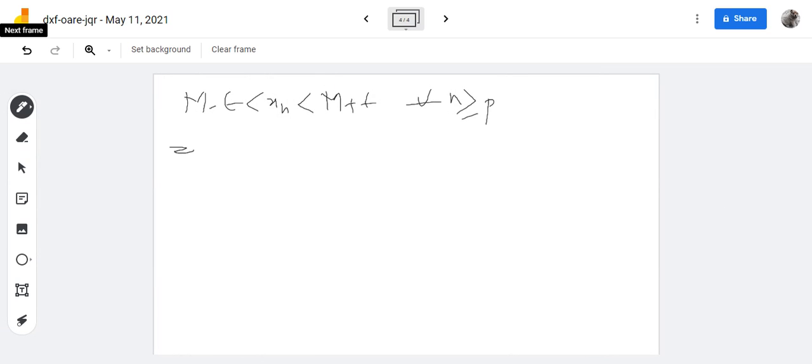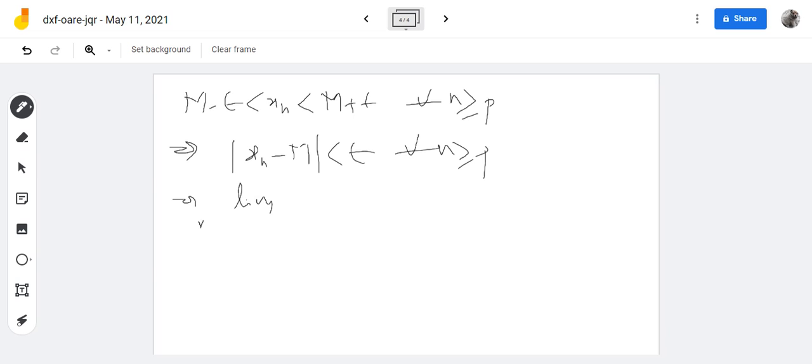So what does this mean? You can write this as |xn minus M| is less than epsilon for all n greater than or equal to p. This implies the limit as n tends to infinity of xn equals M. Okay, this was the definition of limit or convergence.